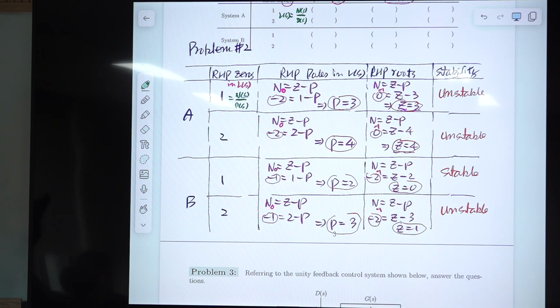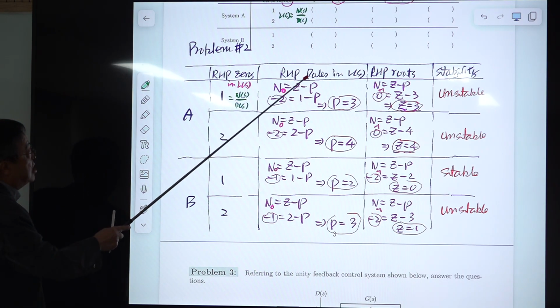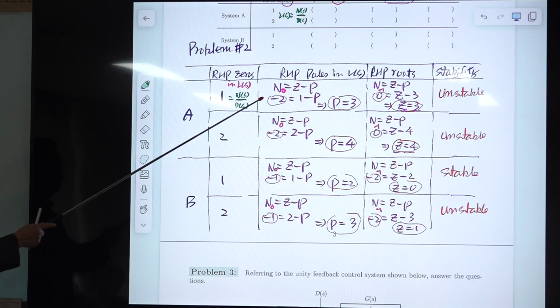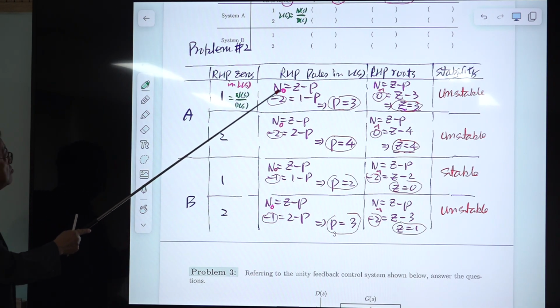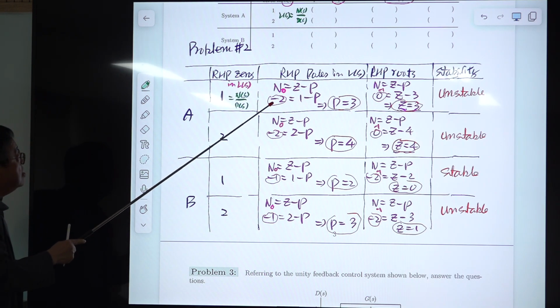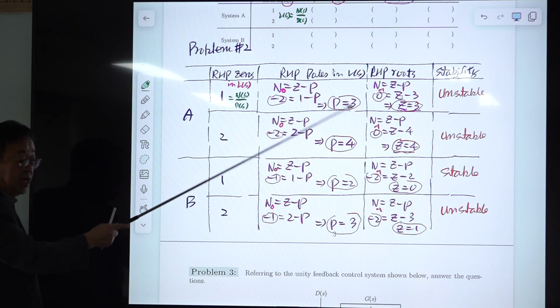And using Cauchy's theorem, you can calculate the number of RHP poles in the RHP of the S plane using the encirclement of the origin. So you know this. This was -2 from the previous analysis, and this Z is given. Then P becomes 3.